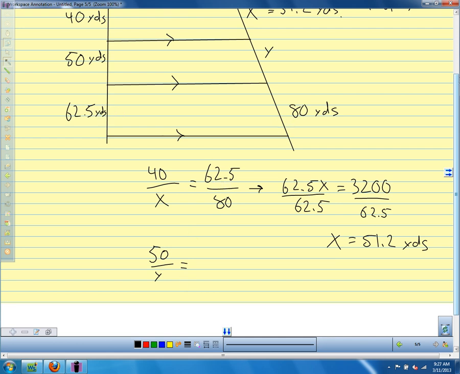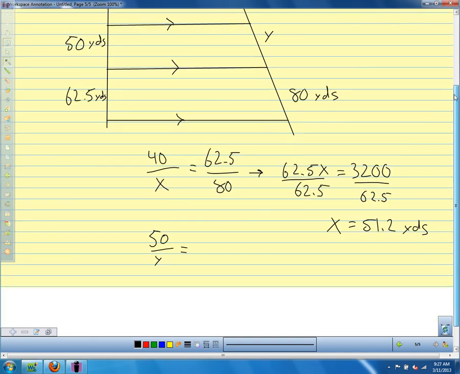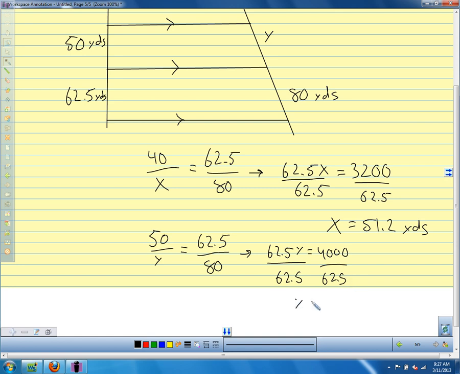I could also use 40 divided by 51.2, but we know this one works. 62.5 over 80. Cross multiply, I get 62.5y equals 50 times 80, which is 4,000. Divide by 62.5. And I get y, when I plug that into my calculator, equals 64.